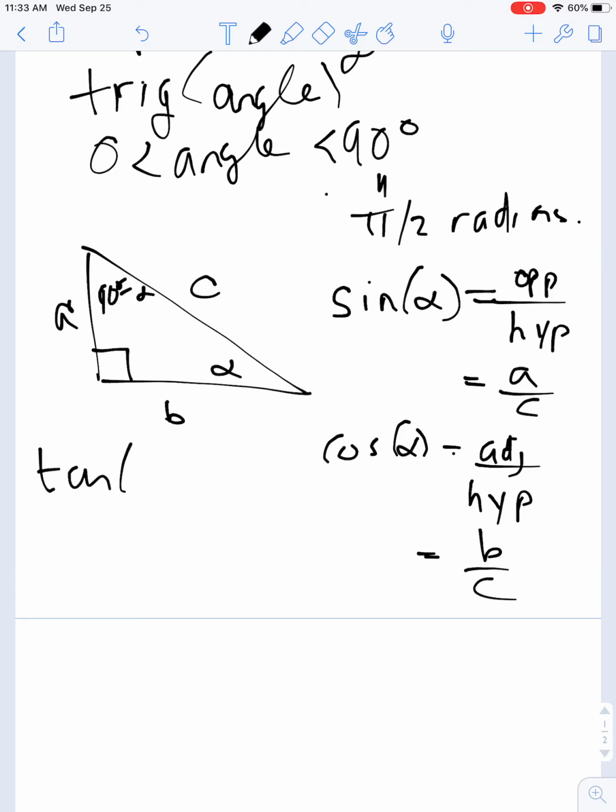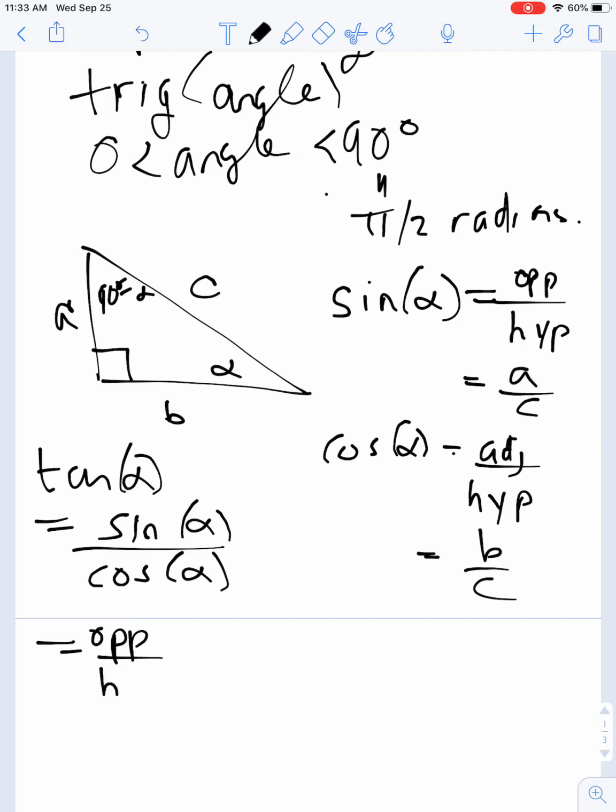Now the tangent of alpha, one way to think about it, and this we'll use a lot in calculus, is sine of alpha over cosine of alpha. But another way we could think about this is opposite over adjacent, or in the case of this triangle, A over B, and if we were to divide sine by cosine, we would also get A over B after clearing the C's out of the denominator.